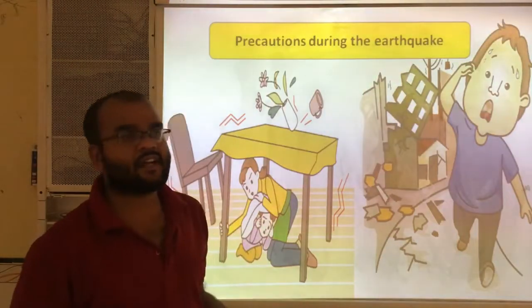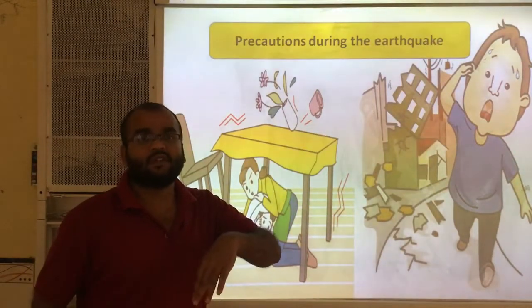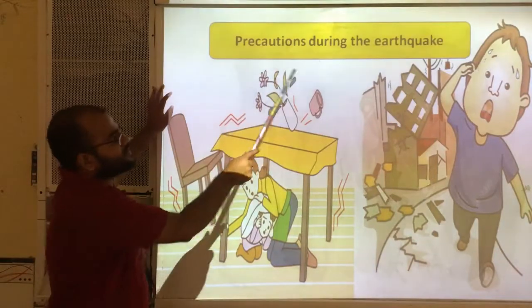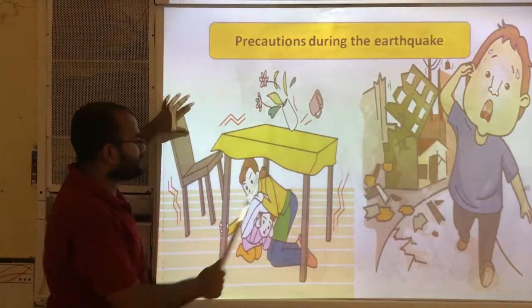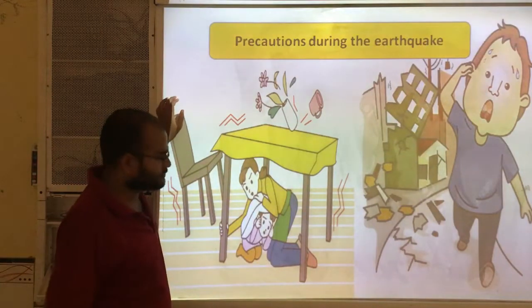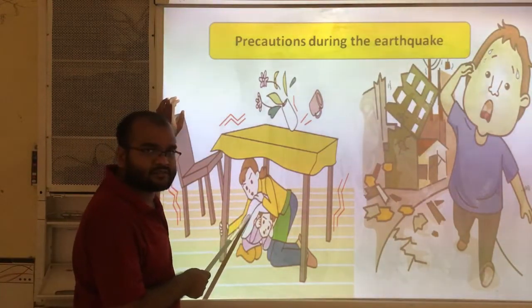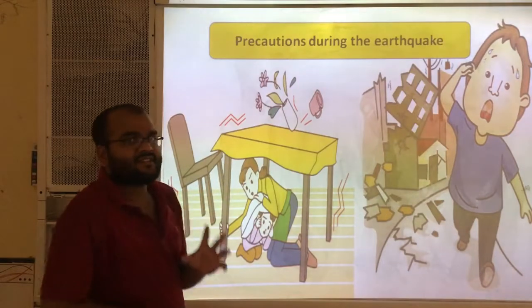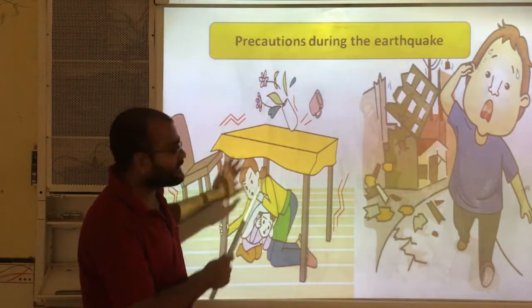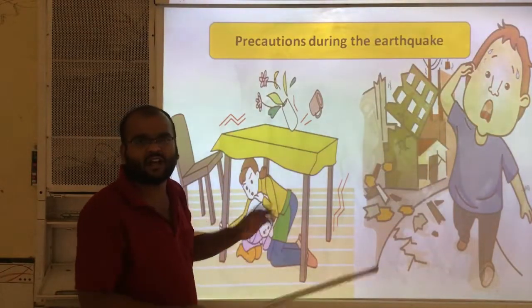Let us see how to protect ourselves from the earthquakes. Precautions during the earthquake. Observe these two figures. What are they doing? The first thing, if it is not possible to escape outside, just stay under any table or bed.